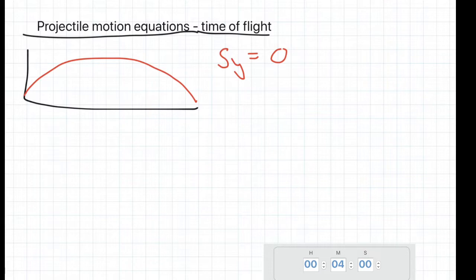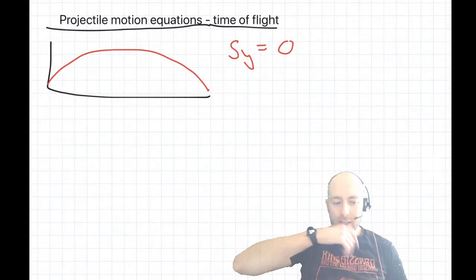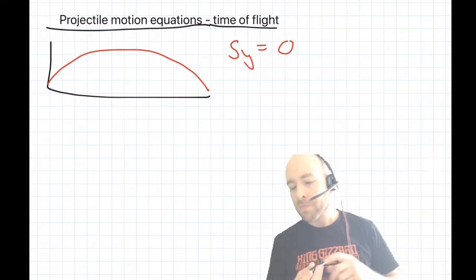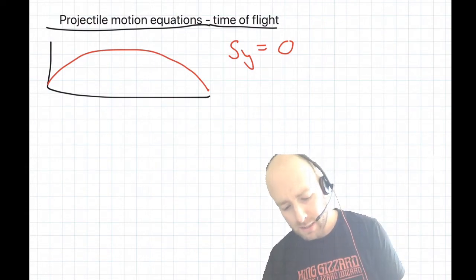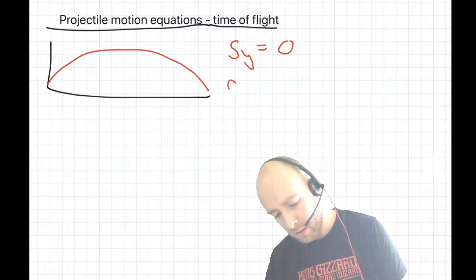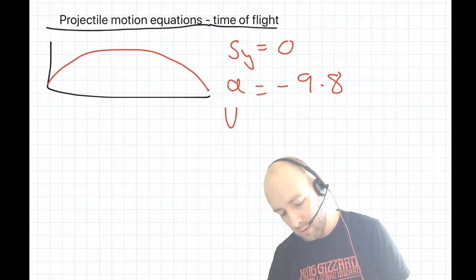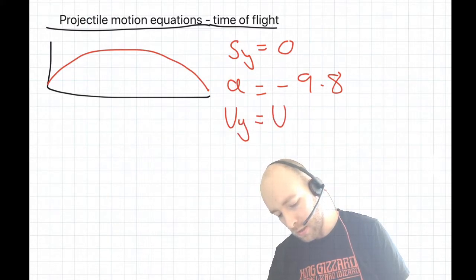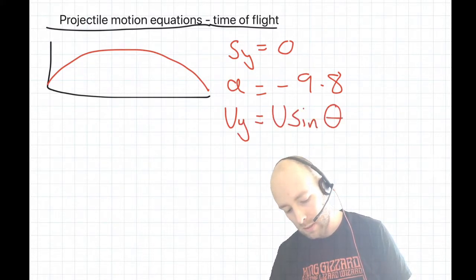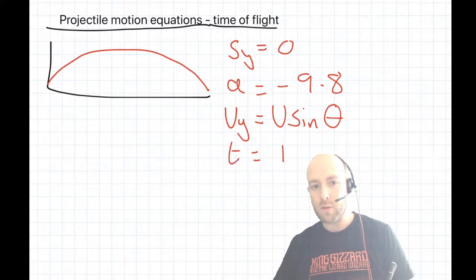All right, cool. Right, let's quickly go through this then. All right, so A is minus 9.8. Uy is U sine theta, and T equals capital T, which we're going to use for our flight time.